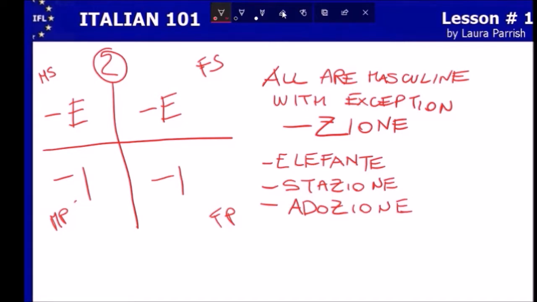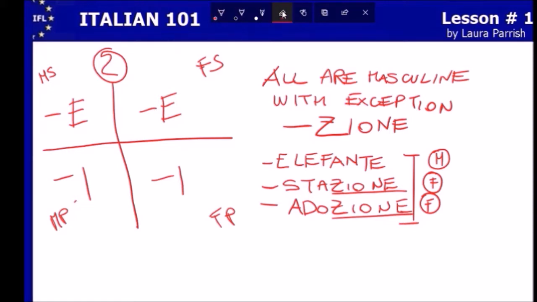Here we have these three words. The first one is difficult because you need to know the words, but we can use the trick. Elefante doesn't end in zione, in fact it is masculine. These end in zione, in fact they are feminine. Every word ending in zione is feminine. So this is the way we did it.